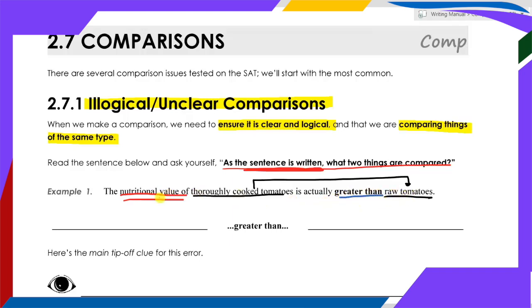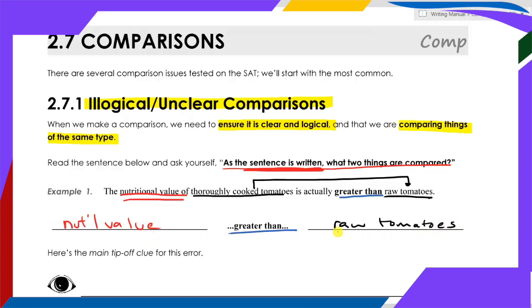We cannot compare nutritional value to raw tomatoes. So literally the two things being compared here are the nutritional value of one type of tomato and the other type of tomatoes. You cannot compare these two things. They are not fairly compared.